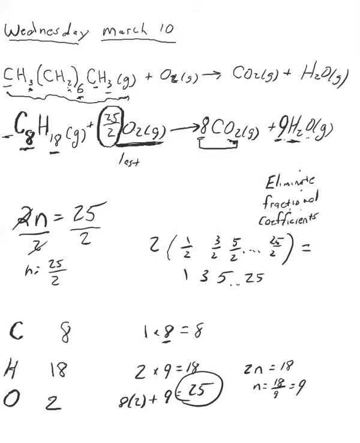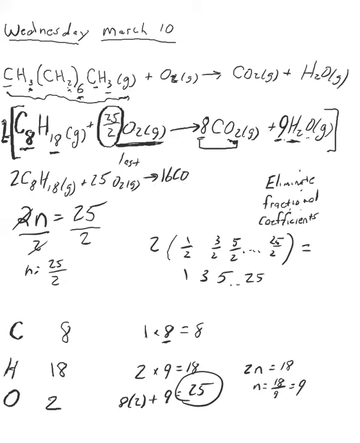So the way you deal with that is you don't just multiply the fraction by 2, you multiply everything by 2, okay? So that gives you 2 C8H18 plus 25 O2, 16, right?